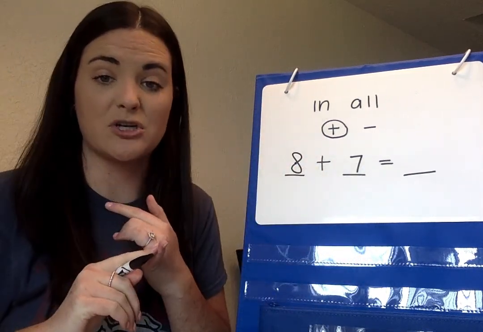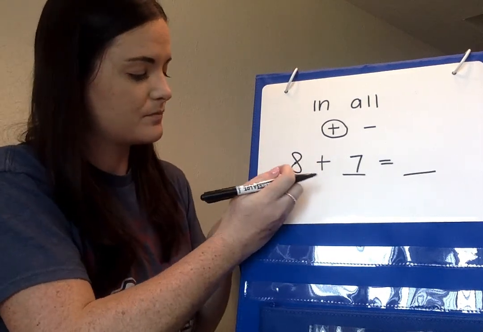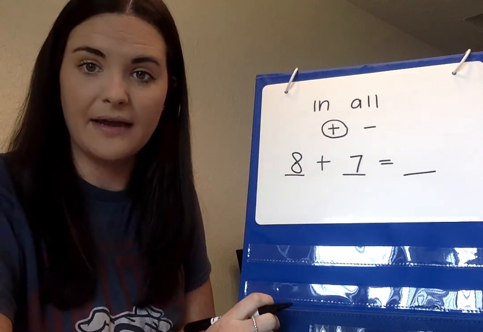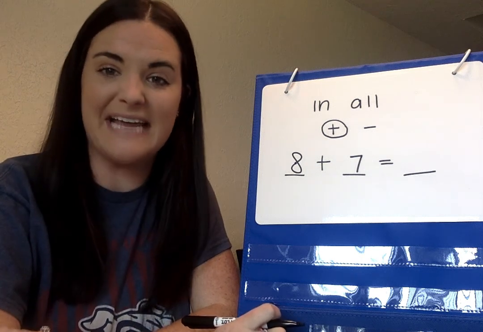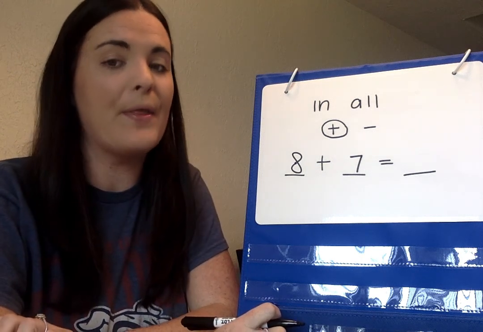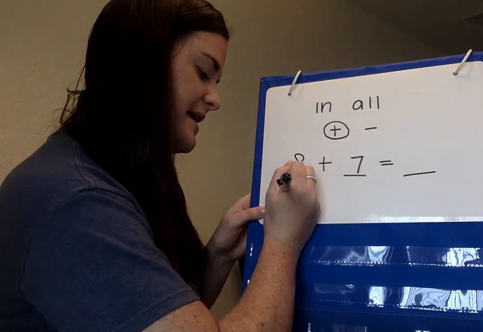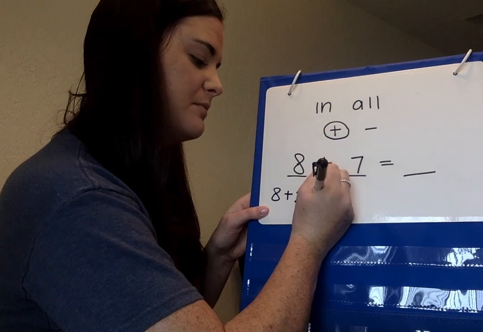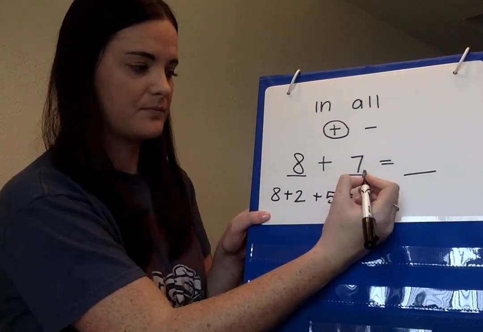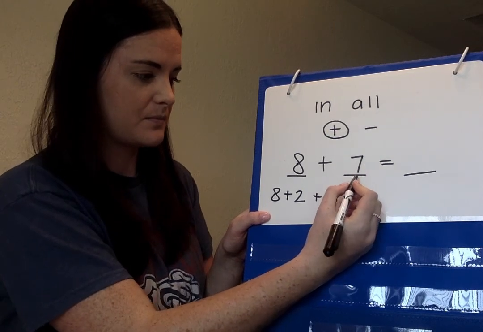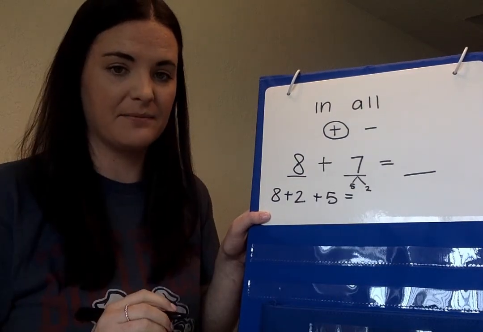Again, we could count on, we could draw a picture. You could use a number line. Okay. We also could use our making a 10 strategy. We know that 8 plus 2 is 10. So we could do 8 plus 2 plus 5 because I know that 5 and 2 equals 7.